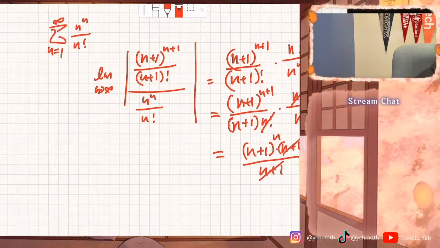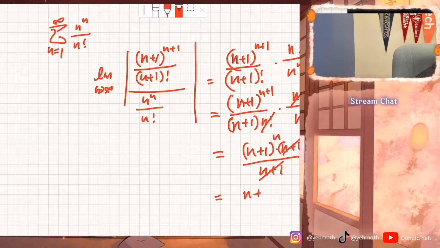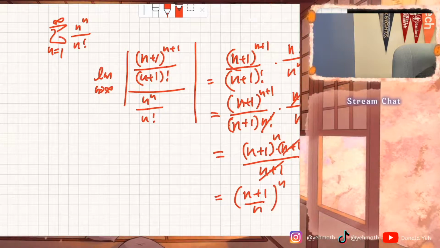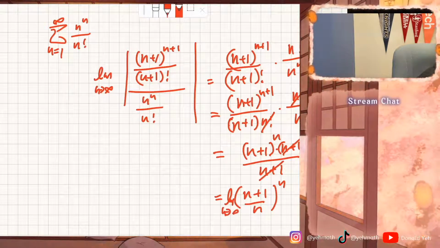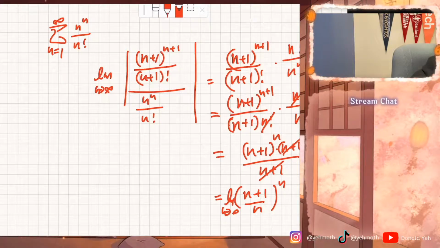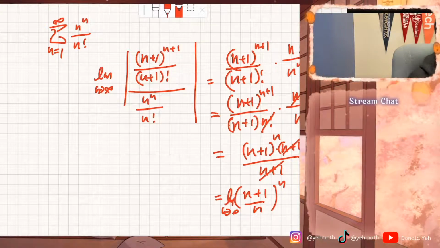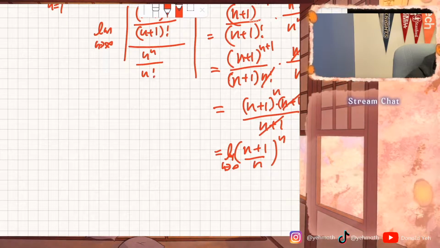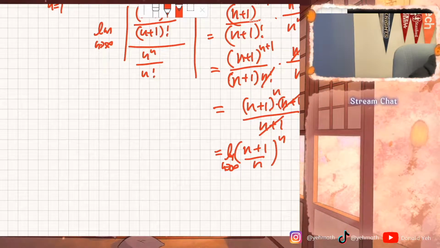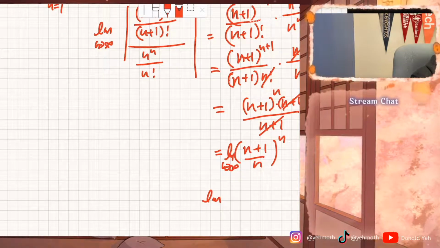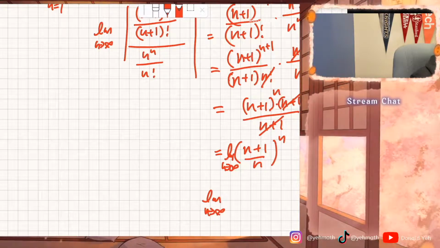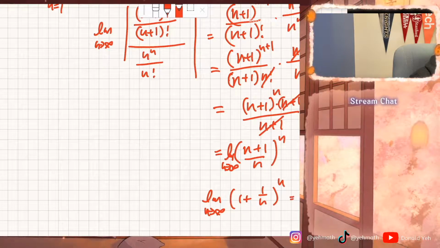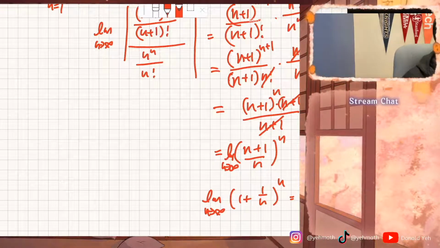So this cancels out, leaving (n plus 1) to the n over n to the n, limit as n approaches infinity. Now, there is L'Hôpital's rule. So it's the limit as n approaches infinity. I'm going to split this, so it'll be (1 plus 1 over n) to the n. And then you're going to do L'Hôpital's rule after that.